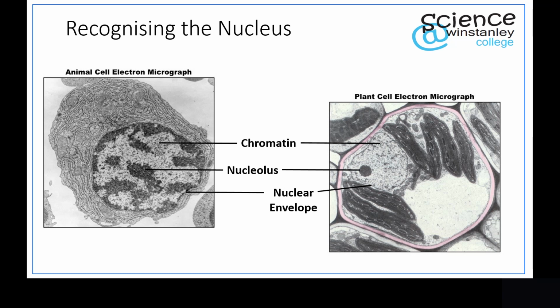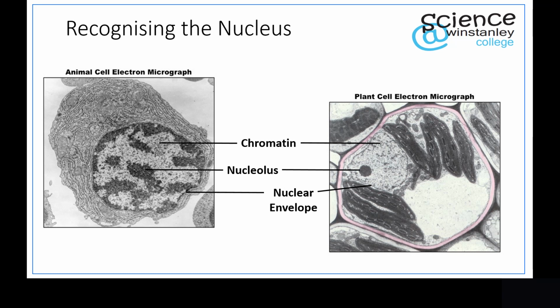And like I say, with biological diagrams, this is often something that you have to either prepare for yourself as part of your practical endorsement, or within an exam situation, you may be asked to label a biological drawing or diagram or photograph like this. And it's really important that you learn how to do that correctly.